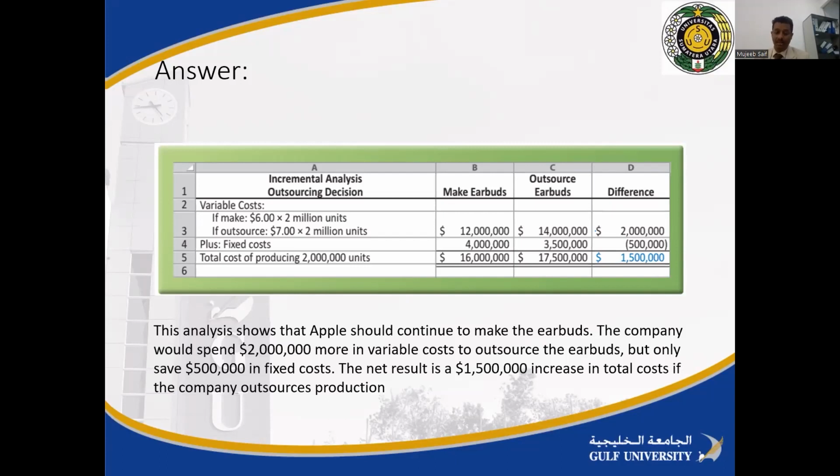Immediately, we can use the equation: fixed cost plus target profit divided by contribution margin. We can let them know they should sell this number of units. Whatever the managers want, we provide all the information. So accounting also helps managers to make a plan, to make a decision, and so on.